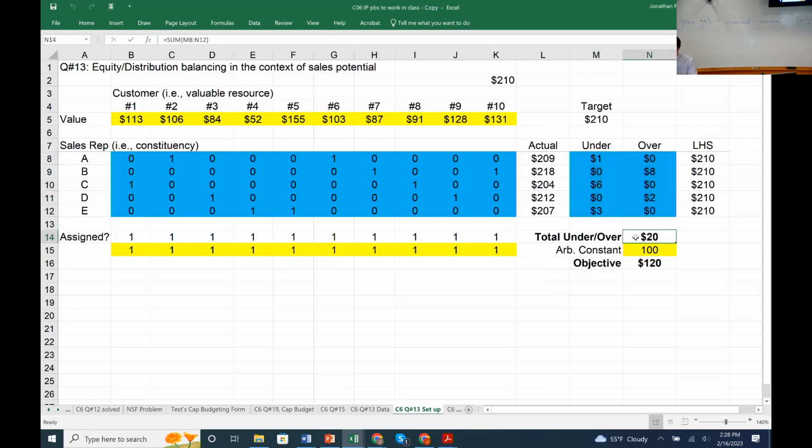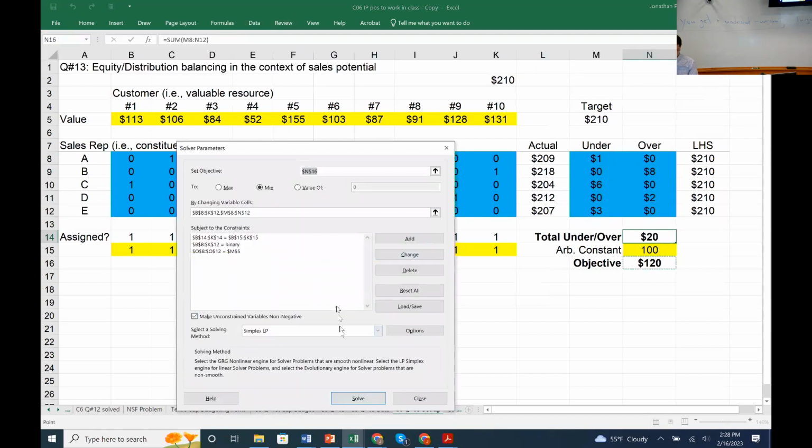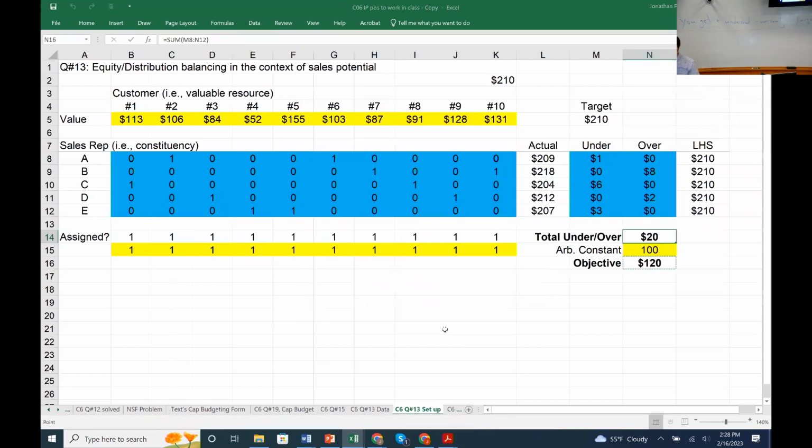Now that I have this as a really good initial solution, I can go ahead and shrink that tolerance down to 0 and run it again. And I don't remember right now whether or not there is any solution better than 20 as the total amount of underage and overage.